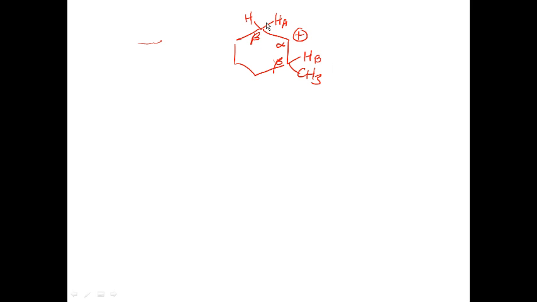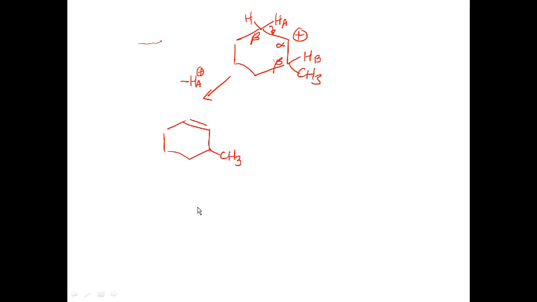So if I take my pair of electrons and move it here and lose the HA plus, what's my product going to be? Well, it's going to have the double bond there, right? And then down here I would just have my normal CH3.